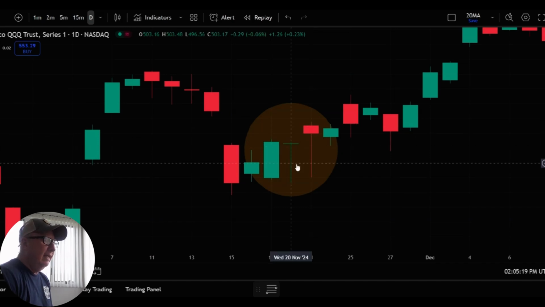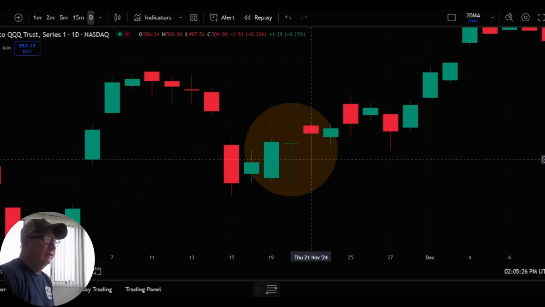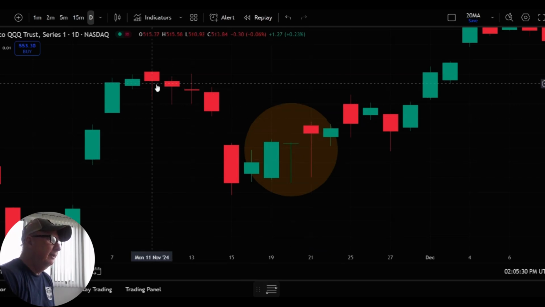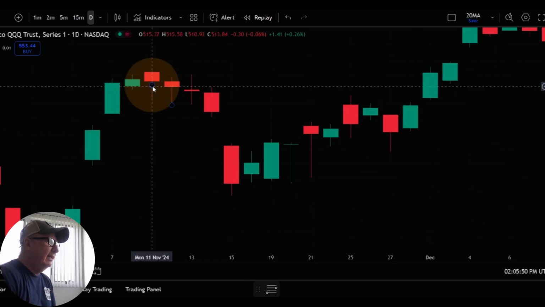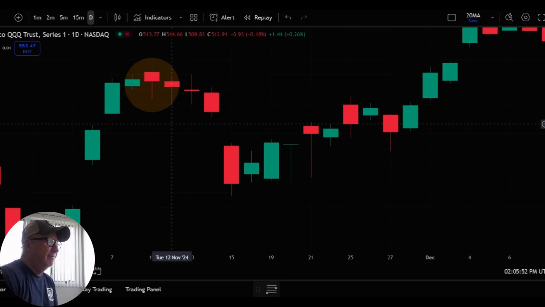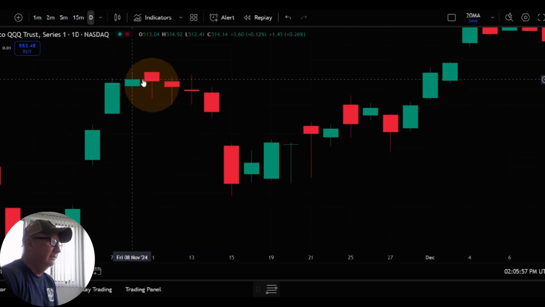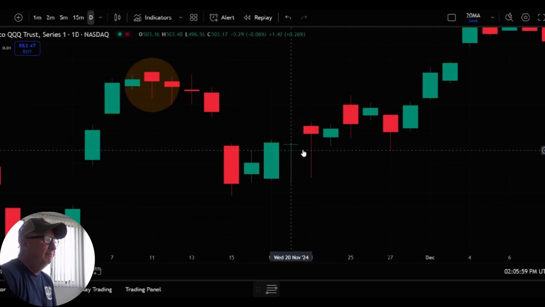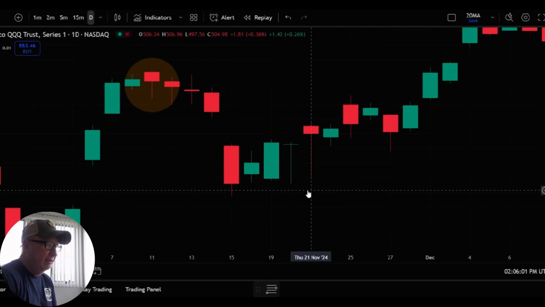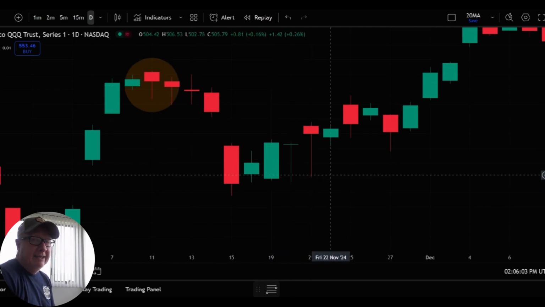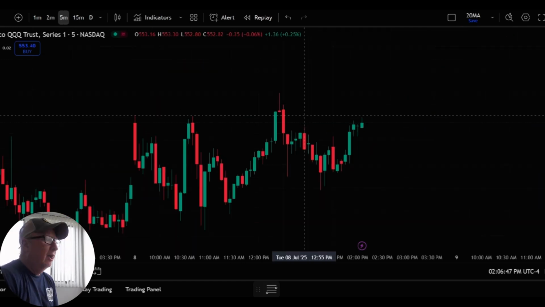Because if you don't have a downtrend before these tails, they're not bottoming tails. Perfect example up here, these tails are not bottoming tails because you're in an uptrend. So you have to have bottoming tails after a downtrend, and you have to have topping tails after an uptrend.